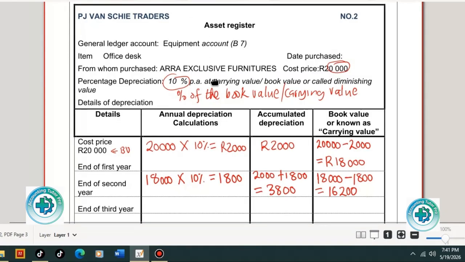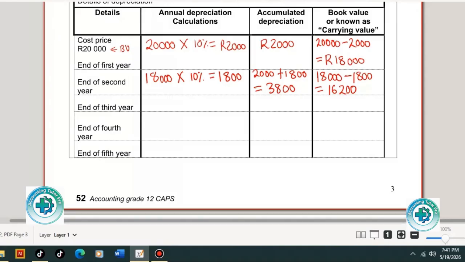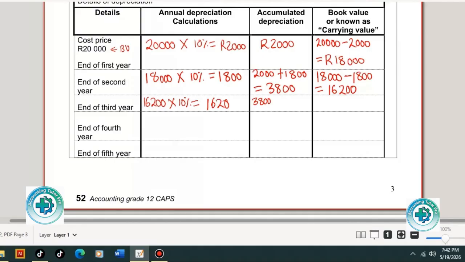In the following year, you use the new book value to calculate the depreciation at the end of the third year, multiplied by 10%. This is going to give you 1,620. So 1,620 is added to the already accumulated depreciation, which gives you an accumulated depreciation of 5,420.